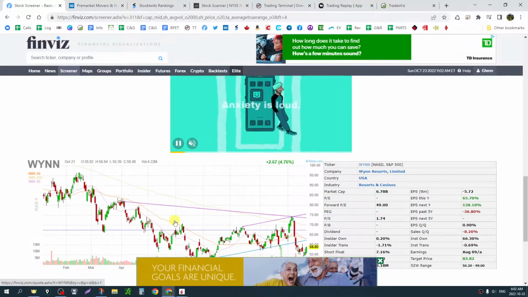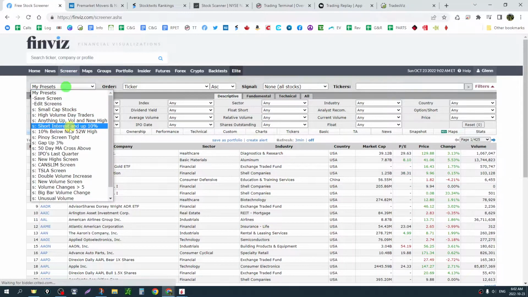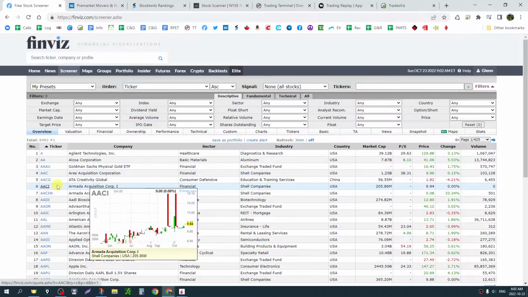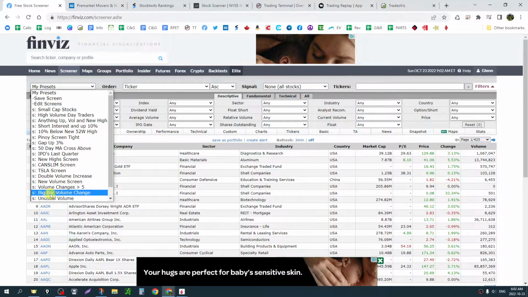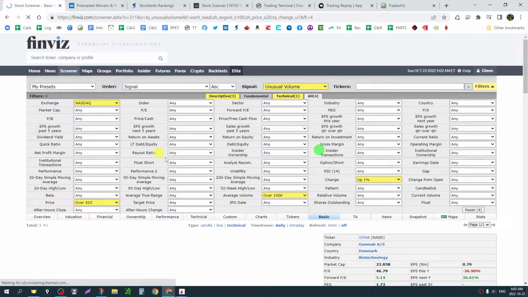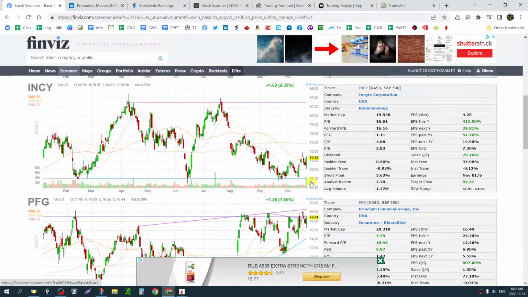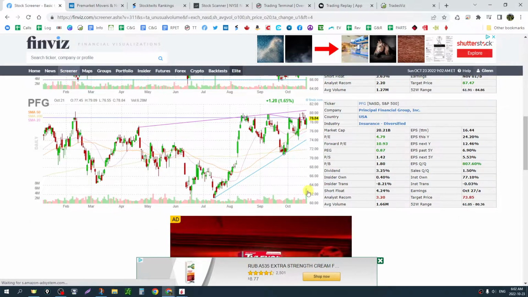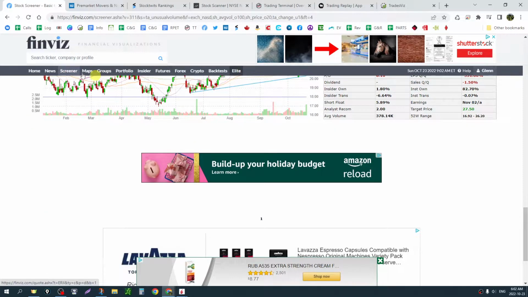Yeah, everything's in a downtrend, isn't it? Unusual volume. It's always nice to look at volume. You can set it up so it defaults to charts as well. There's a volume bar right there, volume bar, volume bar. So those are cool.